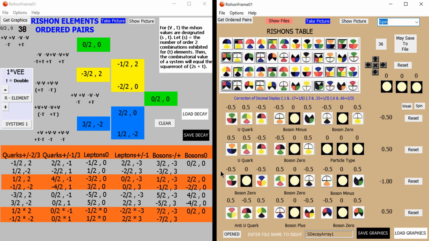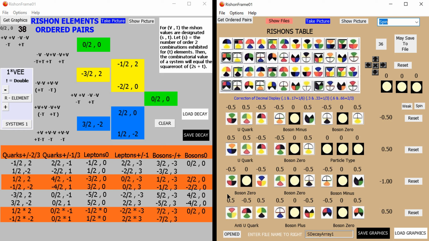And then if we look at the W particle that is emitted, we'll see that we have still two scalar bosons that are contributing nothing to the spin.